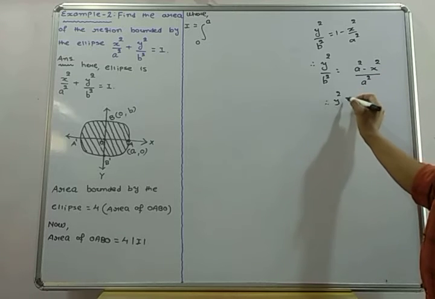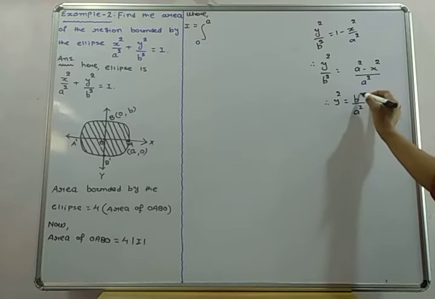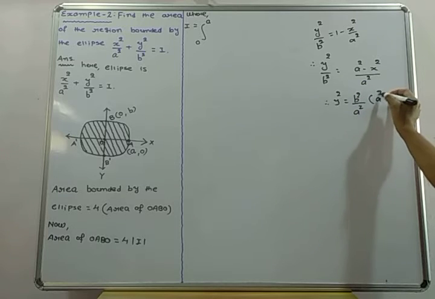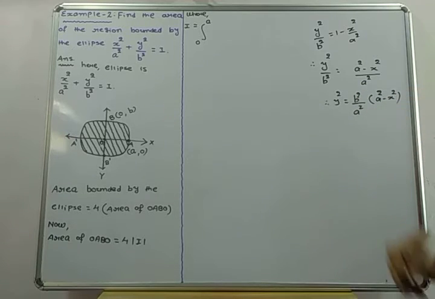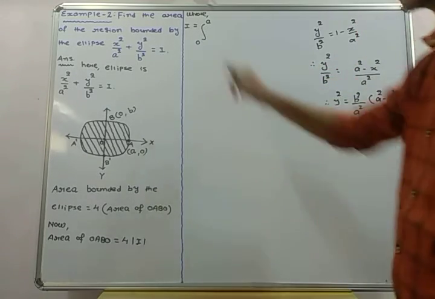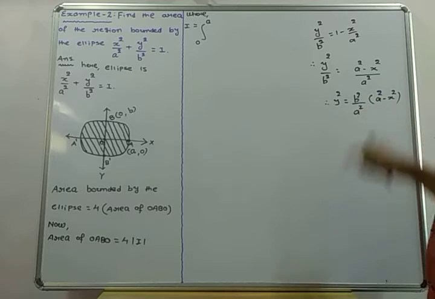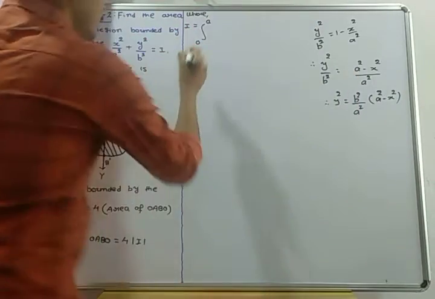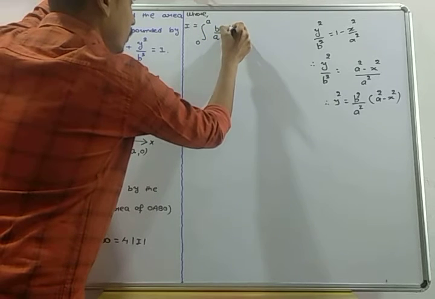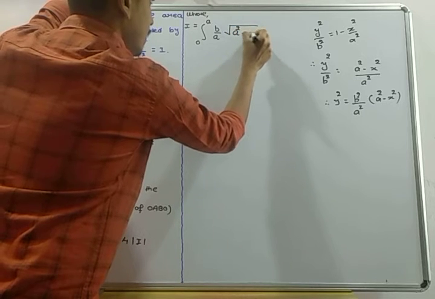So y square equals b square upside multiplied upon a square, bracket a square minus x square. This is the value of y square, but we need y. So y equals b by a under root a square minus x square dx.